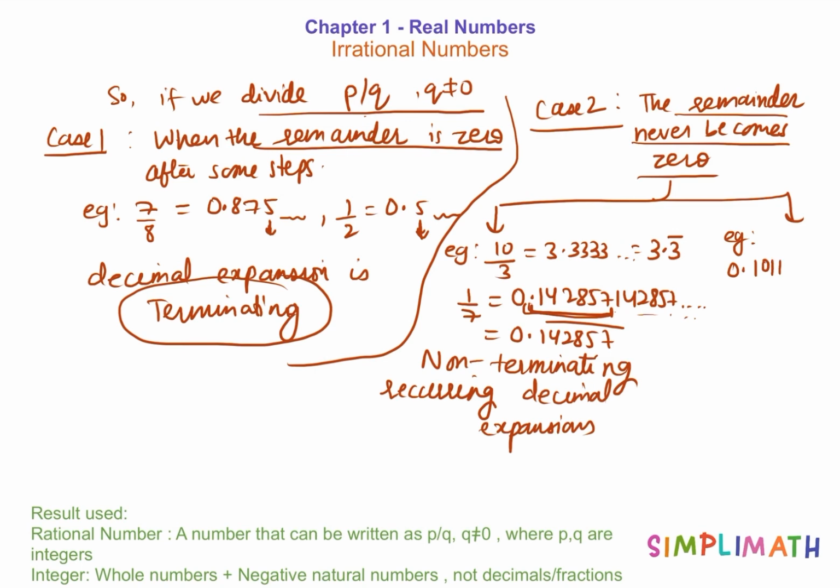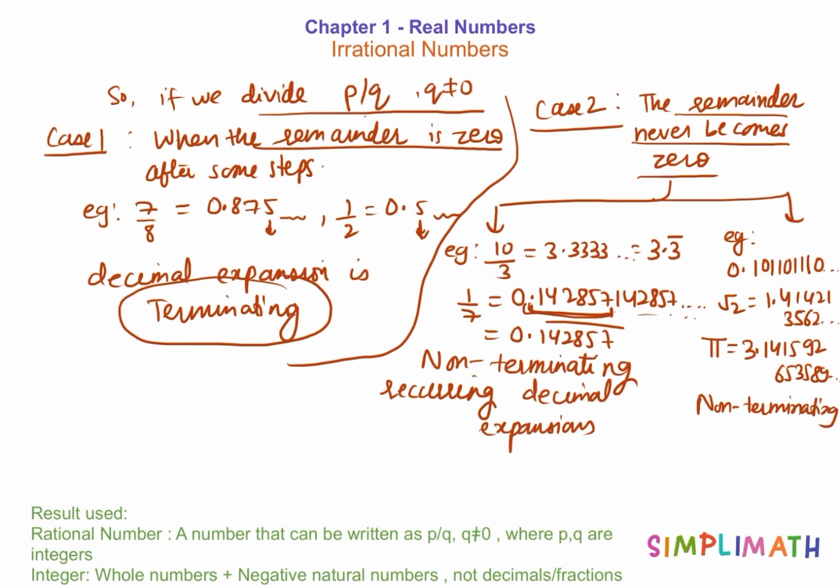And the second subcategory is, let's say, 0.10110111 and so on. Root 2 equals 1.414213562. The decimal expansion of pi is 3.141592653589 and so on. If you notice, in such cases, these are non-terminating because they go on forever.